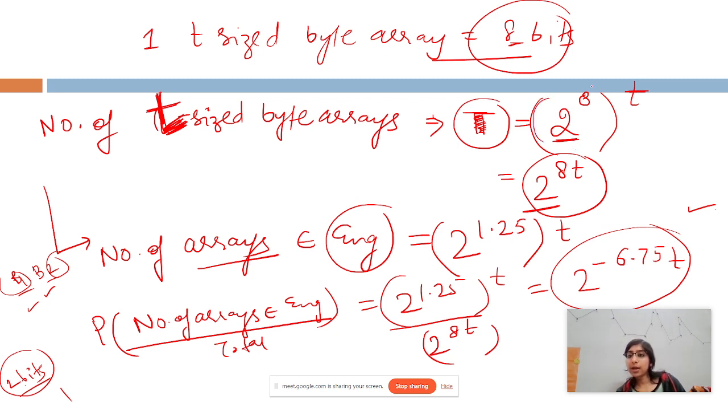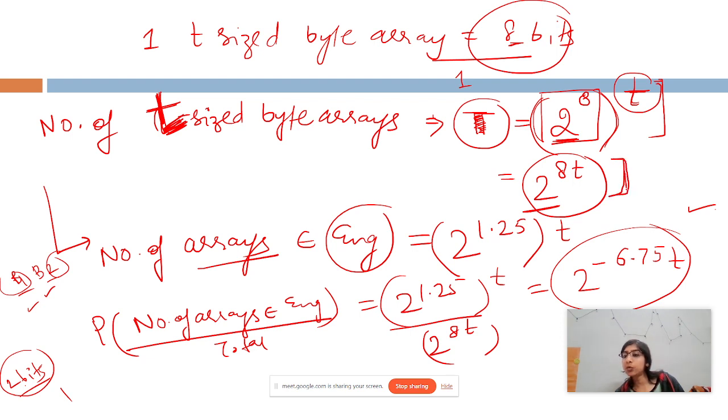Yes. And we are saying that here we are having T-sized byte arrays. So if one array takes up 2 to the power 8, we are talking about one array, and we have t such arrays. So it will be 2 to the power 8 in the power t for any random character.